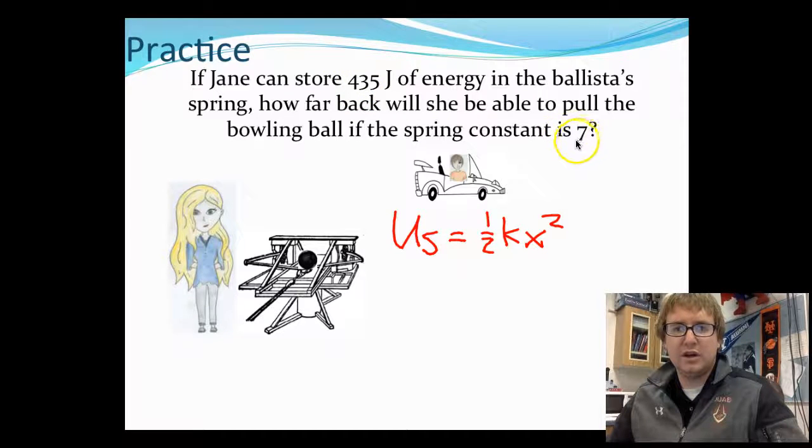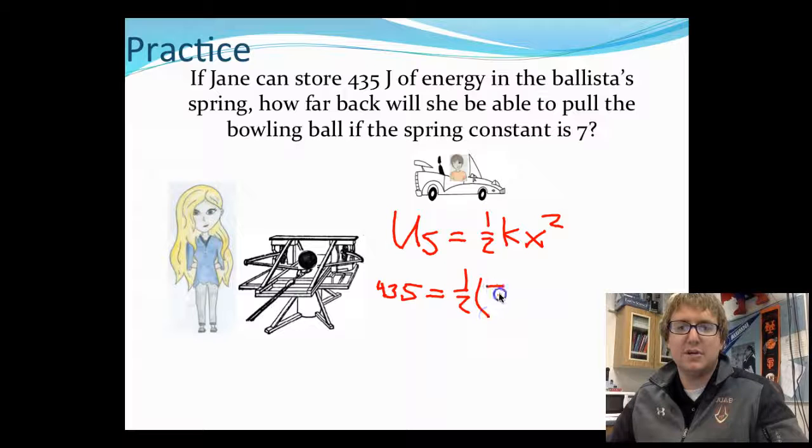We know our spring constant. There's two variables, and we only have one variable left, so this is a solvable problem. Plug in our numbers. 435 equals 1/2 times k, which is 7. We just grab that right out of the problem and put it in, times x squared. Now we just solve for x.